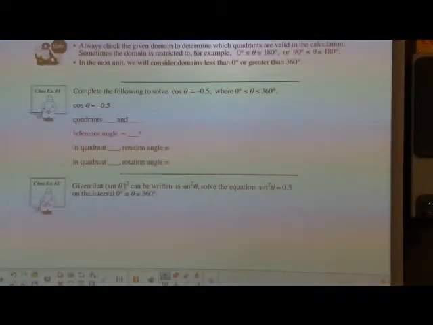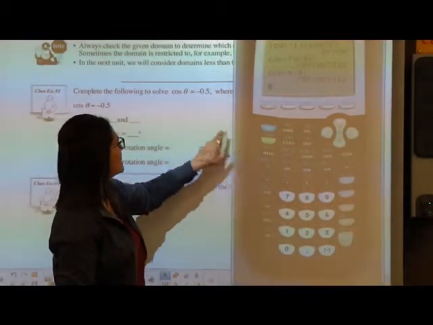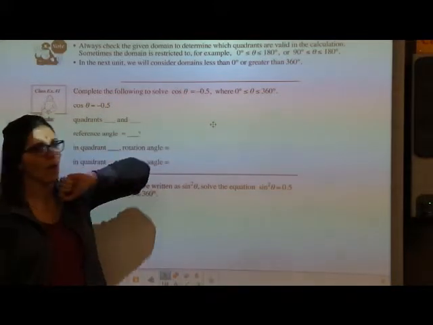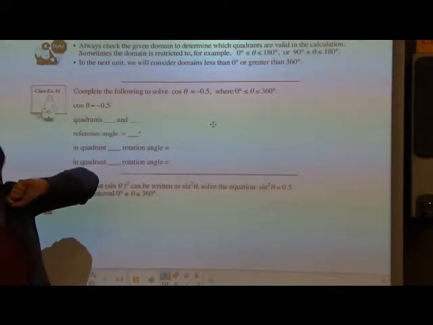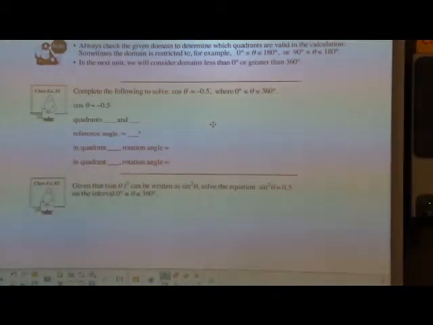So if we look at the first example, and I'll pull up the calculator at the same time. It says complete the following to solve for theta when cos theta equals negative 0.5, and theta is between 0 and 360 degrees, which means my calculator needs to be in which mode? Degree mode.